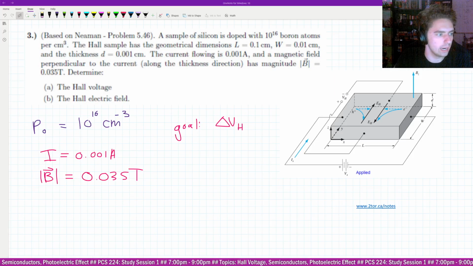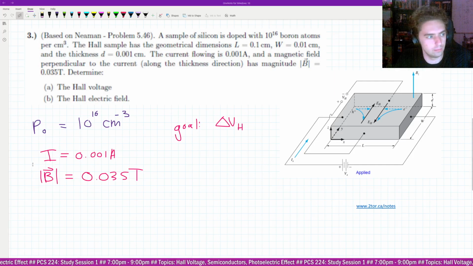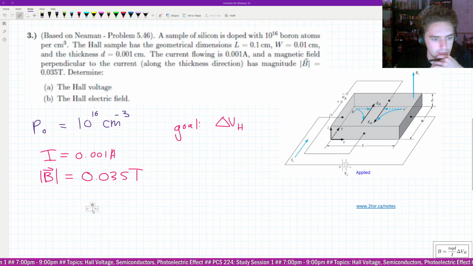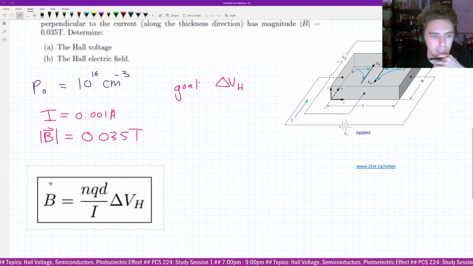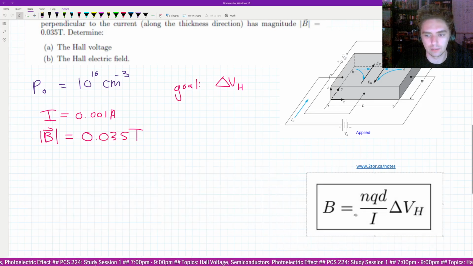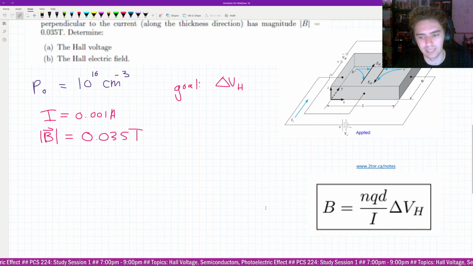Okay, so we got to find some equations that include delta VH. If I go to my notes, I can see I have this equation, which is nice to see. It includes your electric field and your magnetic field. That should be a magnitude of the vector, so not really a typo, but an oversight.